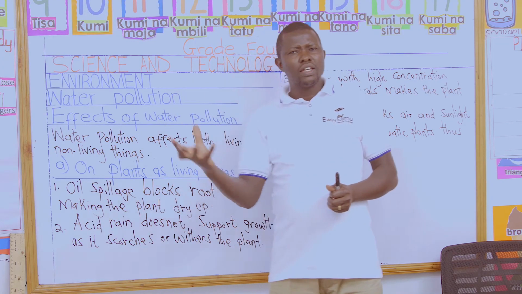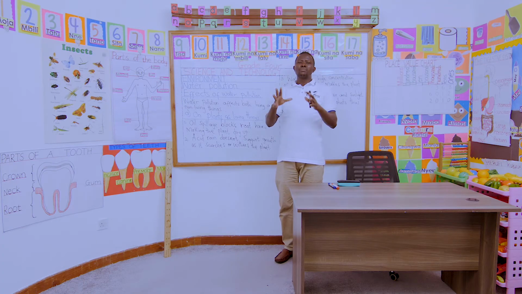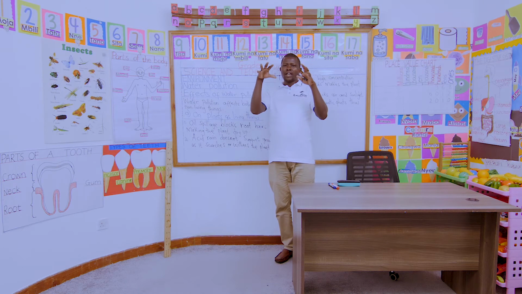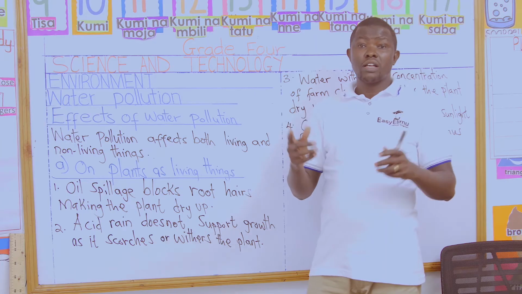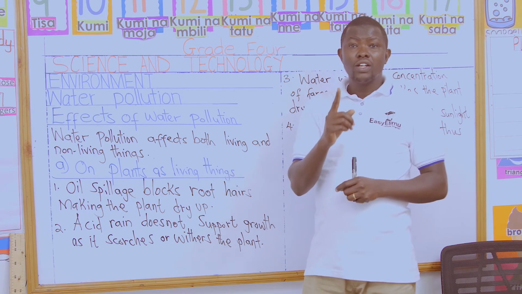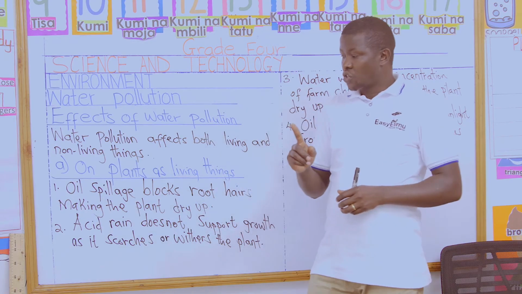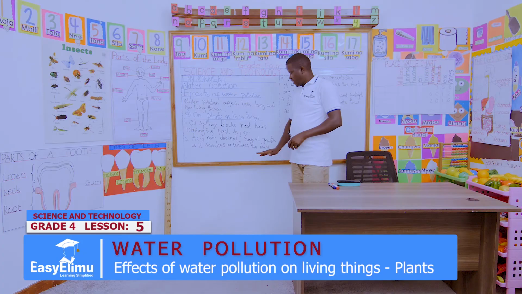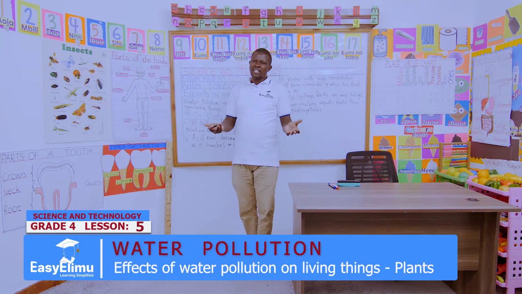When this sulfur dioxide mixes with rainwater, it forms acid rain. Once this acidic rain pours on the plants, what happens? Remember, acid rain does not support plants whatsoever. So the plants definitely will be scorched, they will wither, and they dry up. Once they dry up, we say they are dead.